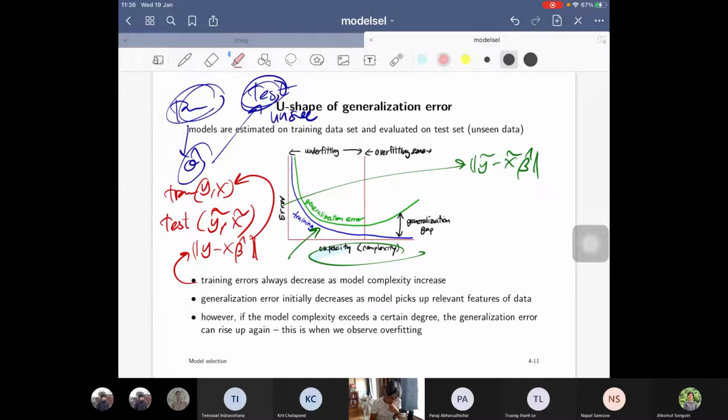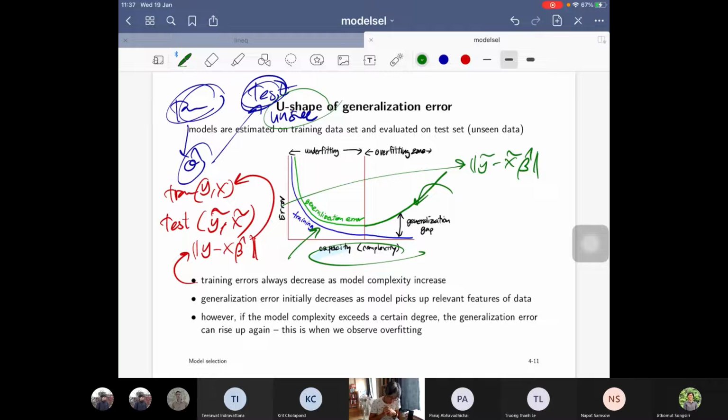The generalization error, which is the one evaluated on the test set, is not necessarily decreasing. What you might observe in the actual experiment is a U curve, where at some point here it starts to rise again.